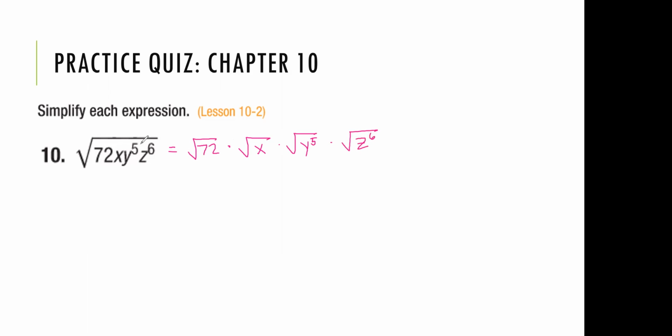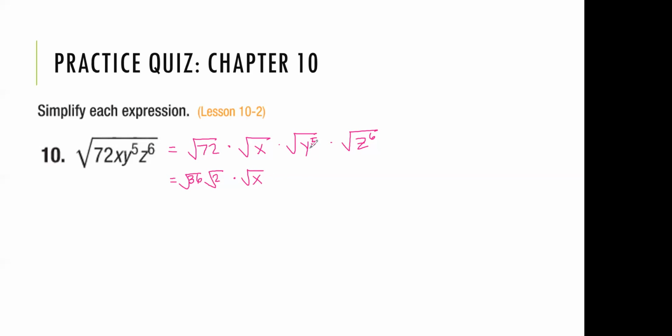I would break down each one of these terms underneath the radical symbol and deal with each one individually. 72 has a factor of 36, which is a perfect square. 36 times 2 is 72. Radical x, we can't break that down, because this is x to the 1st power, and we can't multiply something times the same thing and get just x.